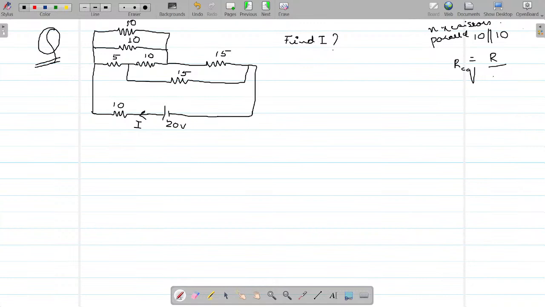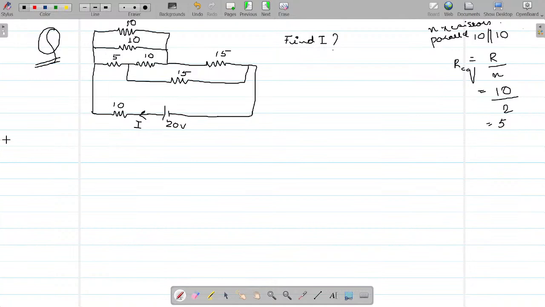R by N. So in this case, there are two resistances in parallel, so N is 2, the resistance is 10, so it makes it 5, right? Can I do it? So let us reduce these two to 5.